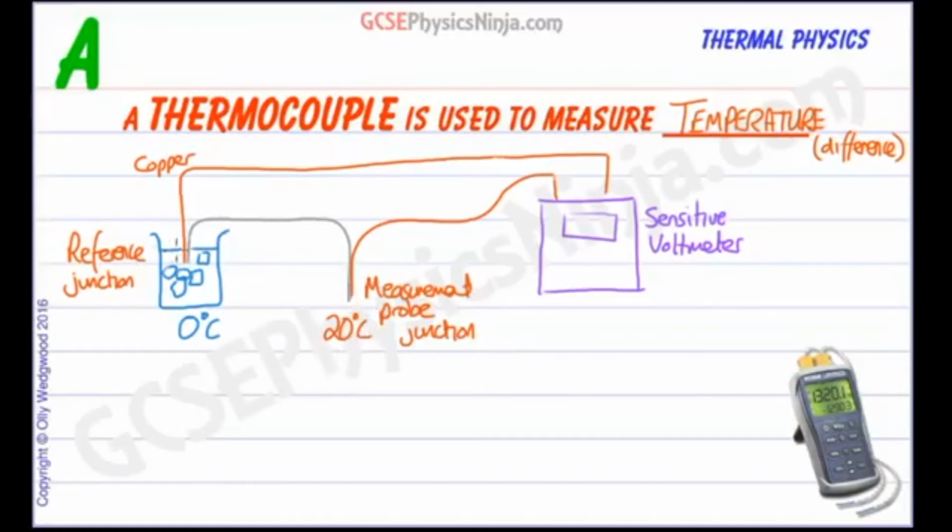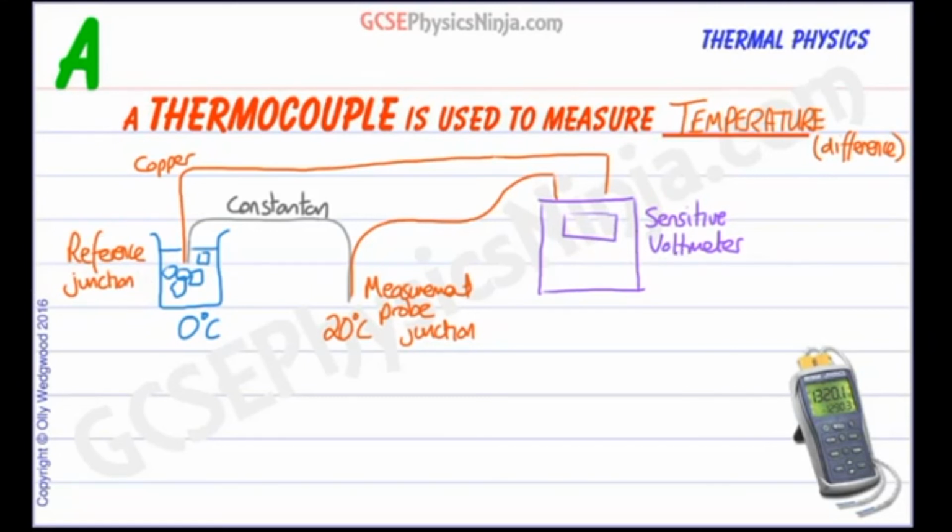When you have a difference in temperature between these two junctions of different metal, and we need to just label that up here, this is constantan. You can use other metals as well. This is just one example. But when you've got a temperature difference between the two junctions, that creates a small EMF, a small voltage in this circuit, which will cause a current to flow, and we would register a reading on the voltmeter here. So this could be a very sensitive ammeter or a sensitive voltmeter.